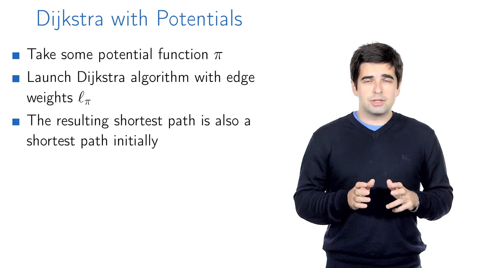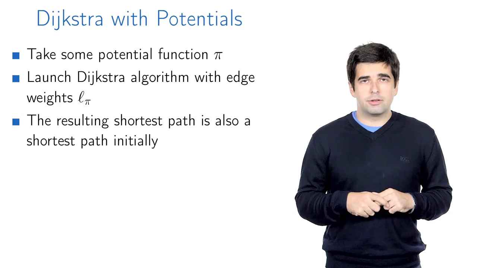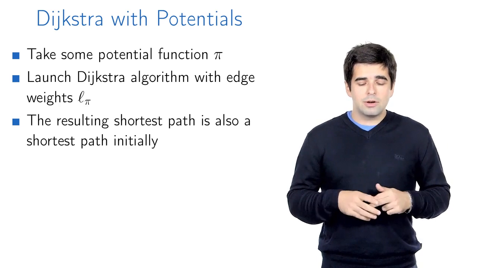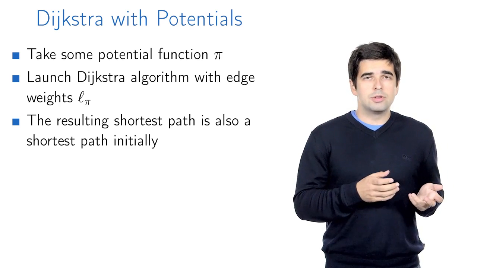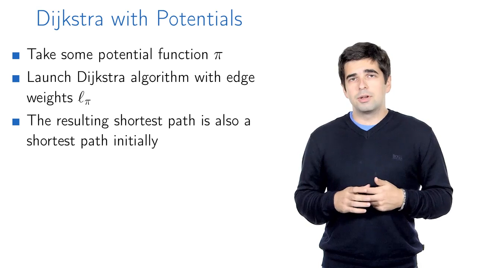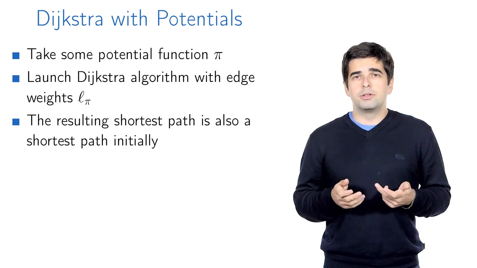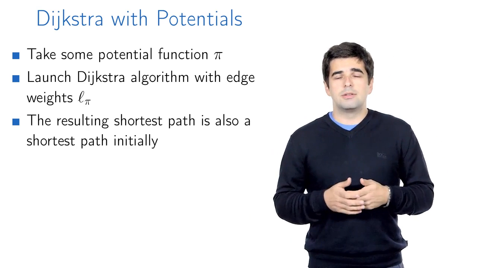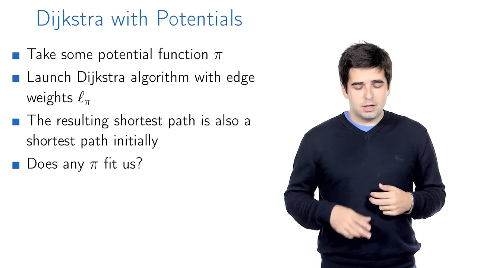So the result of this algorithm is the same as the result of the initial Dijkstra's algorithm. But depending on the potential function pi, maybe it will come from the source vertex S to the target vertex T faster than with the initial edge weights, because the order of vertices that this algorithm considers can be different. So this is the idea of optimization.